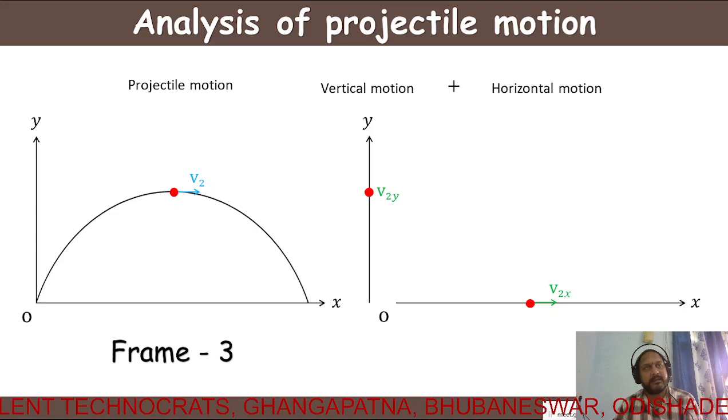In all these diagrams, what can you see? Whatever may be the position of the particle, it has its individual horizontal components, yes or no? And individual vertical components are also there, you can see.